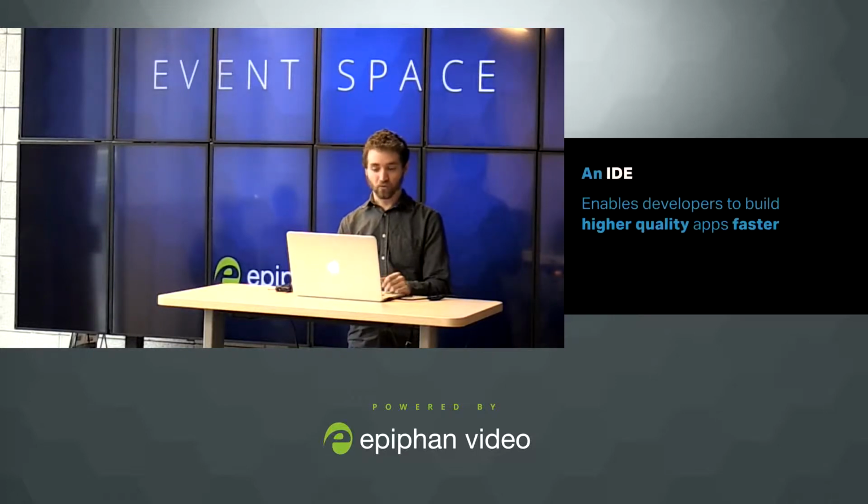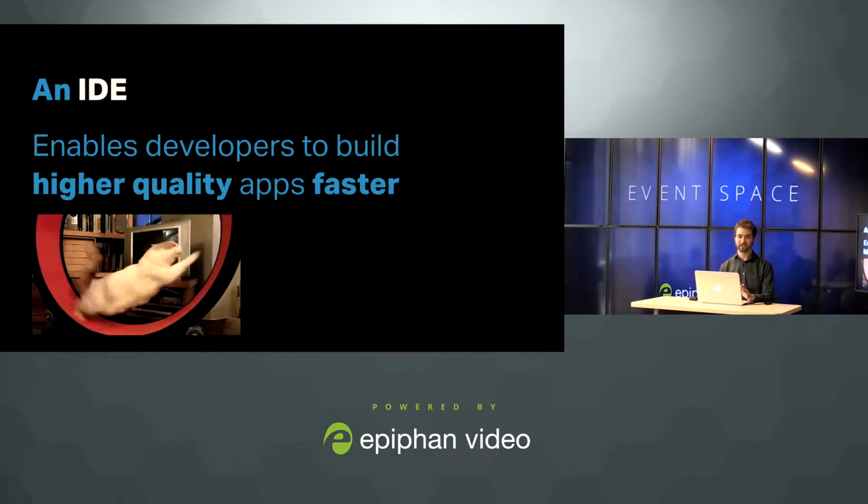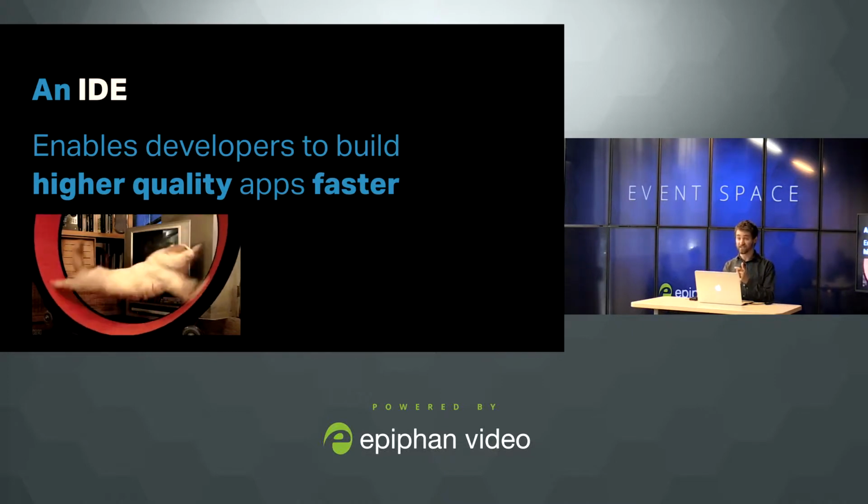We make an IDE, and an IDE enables developers to build higher quality apps faster. We do this by essentially taking all these times when you're running in circles. Think about setting up your environment in React Native. There's a lot of that. Boilerplate for components, for actions, for network calls, for all this stuff.